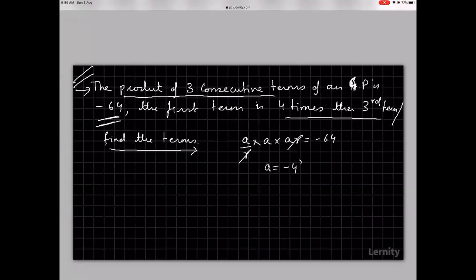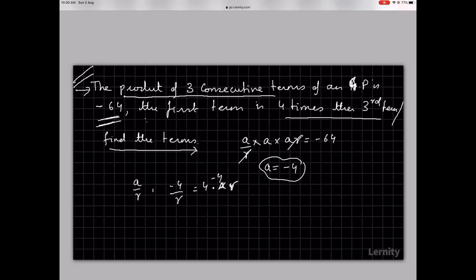Okay. Now, if A value is -4, then they have told you that the first term is 4 times the third term. So the first term is A by R. So that is equal to -4 by R. And that is equal to 4 times the third term, 4 times A into R. So you can cancel off.